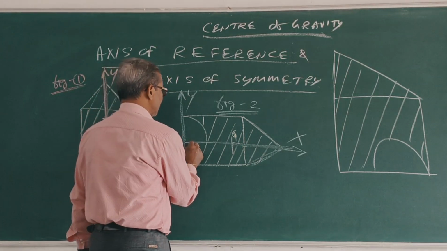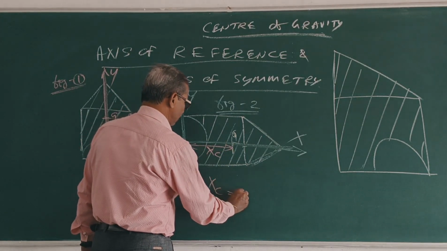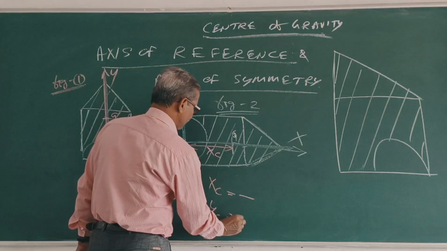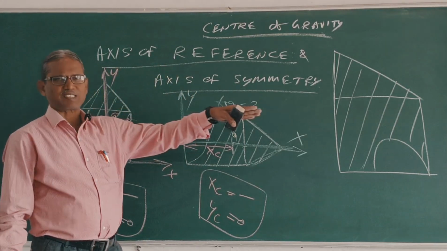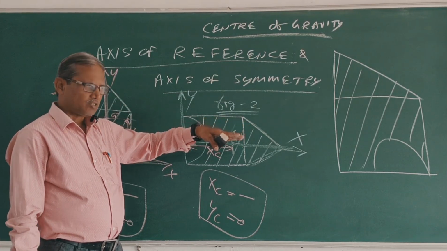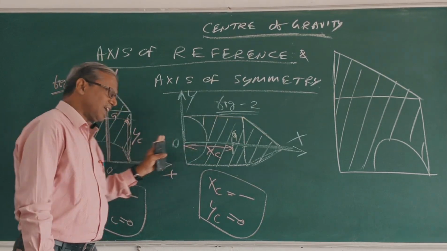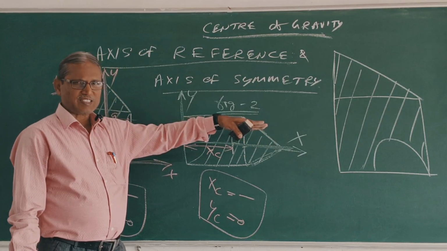So what is this? This is XC. Here XC can be found out and YC is 0, because the CG lies along the x-axis. The figure is equally divided along the x-axis, so this is the axis of symmetry. In figure 1, the y-axis is the axis of symmetry, but in figure 2, the x-axis is the axis of symmetry.